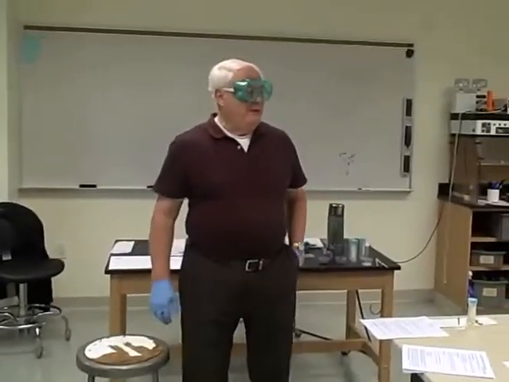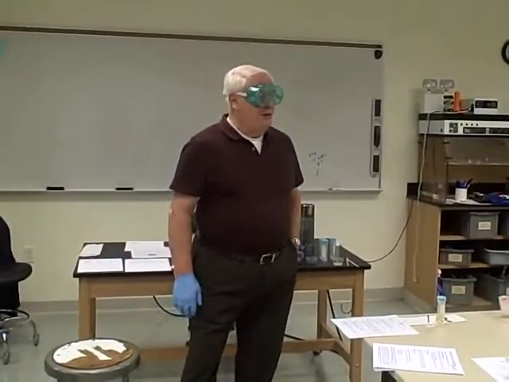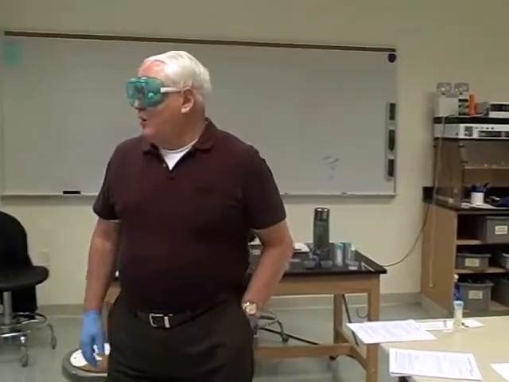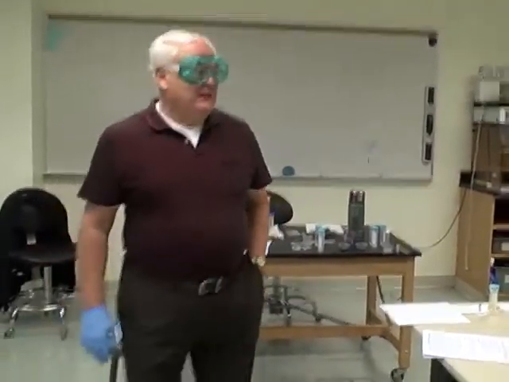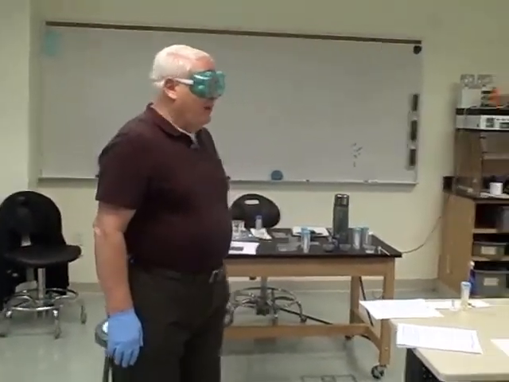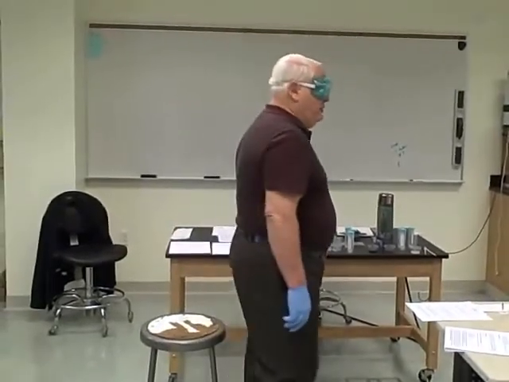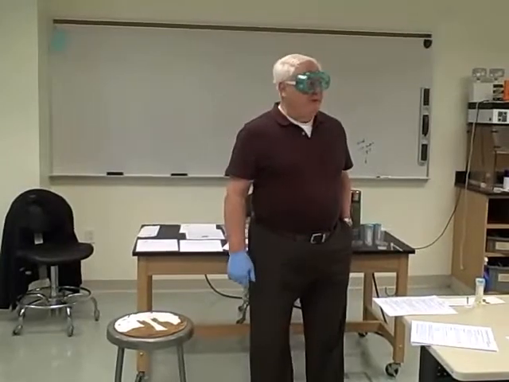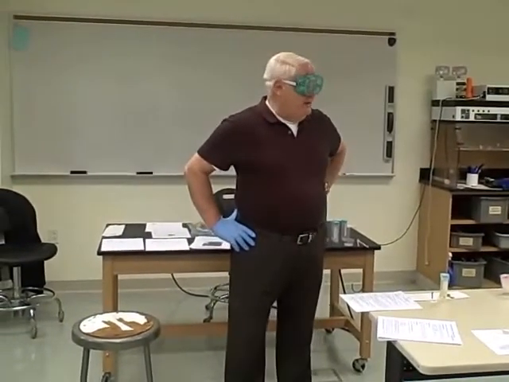In the next experiment, we are going to test some of the properties of one of our more common elements, namely iron. What we're going to do is check several metals in this experiment to see whether or not they are ferromagnetic.